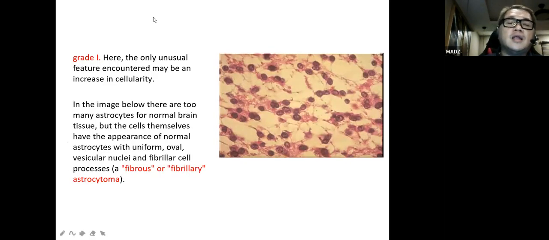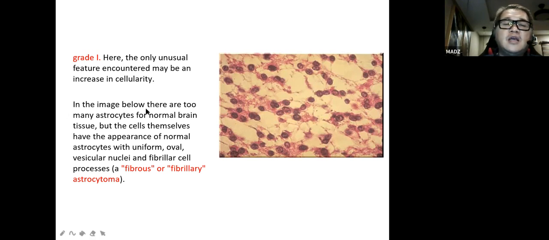So what is grade 1 astrocytoma? Here, the only unusual feature encountered may be an increase in cellularity. There are just many astrocytes. So if you see hypercellularity, that's grade 1.